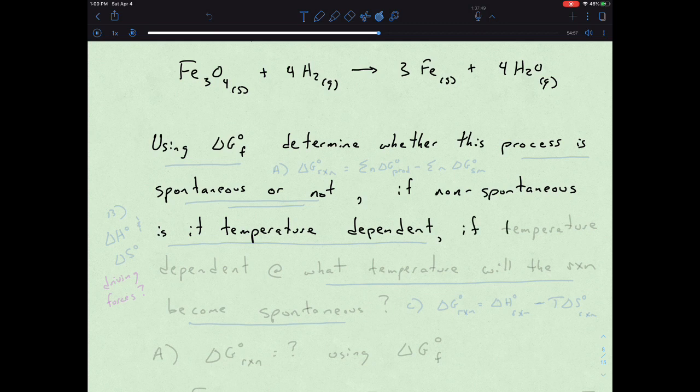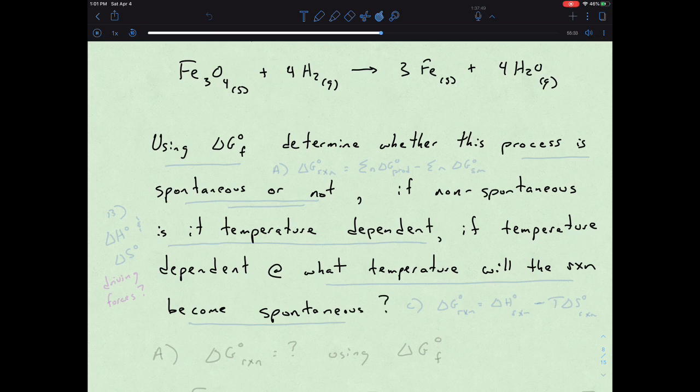And then finally, if it is temperature dependent, at what temperature will the reaction become spontaneous? So there's our long drawn out question.